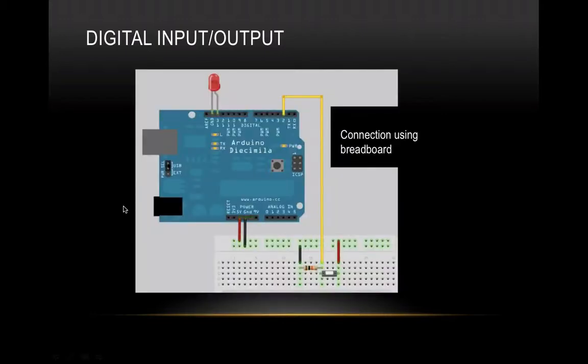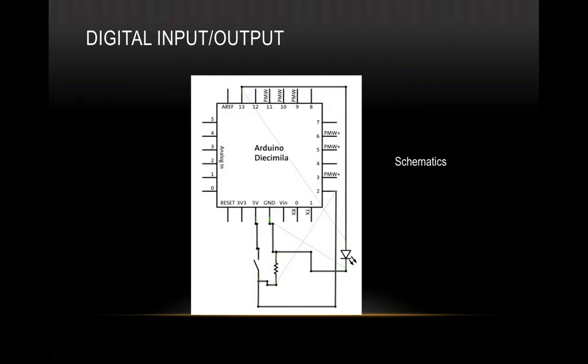As you can see in the schematic, we are using pin number 13 of our hardware to connect to the positive end of the LED, and the negative end of the LED is grounded. By driving a high signal here, the current flows through our LED, and thereby the LED turns on, and you have the circuit completed.